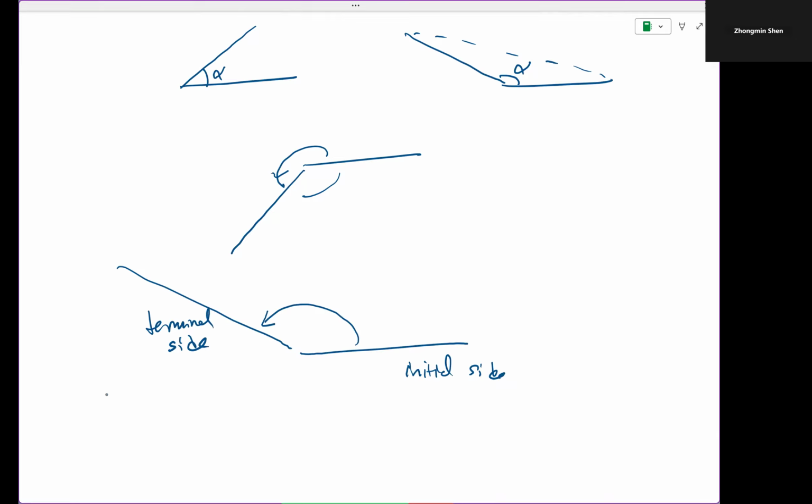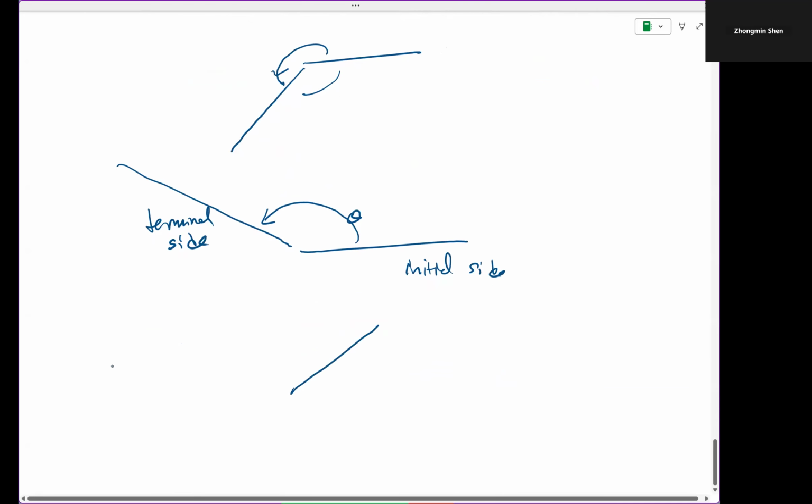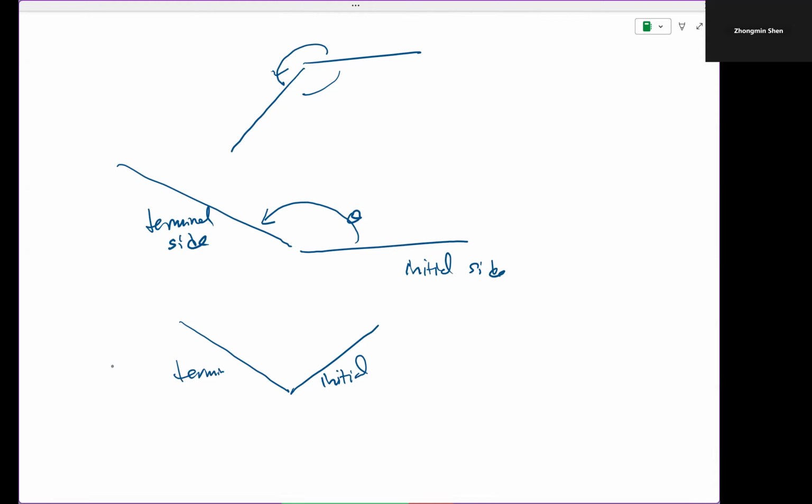And the size of this angle will be the angle between these two. Doesn't matter if this is horizontal or not. It could be something like that, initial, and this will be terminal. And then you rotate this. So this decides how big this angle is.